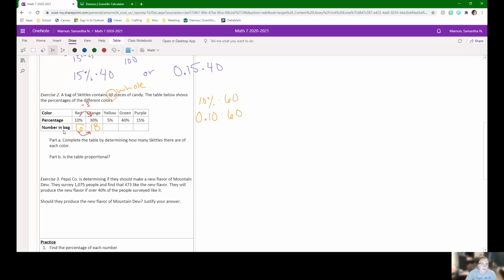So what this is telling me is percents are proportional. So that means I can use the rules that I would use to fill in proportional tables to figure out some of these other percents. Like if I want to think about how do I go from 10 to 5, a lot of you might say divide by 2 or multiply by a half. So we can do the same thing here for 6. So 6 divided by 2 or times a half is just 3.